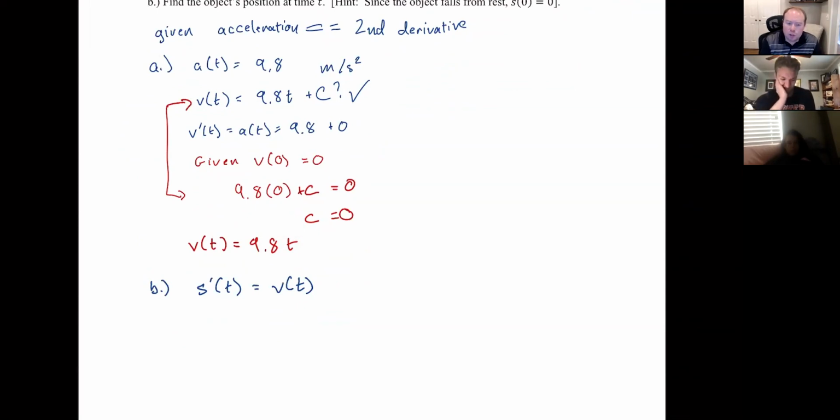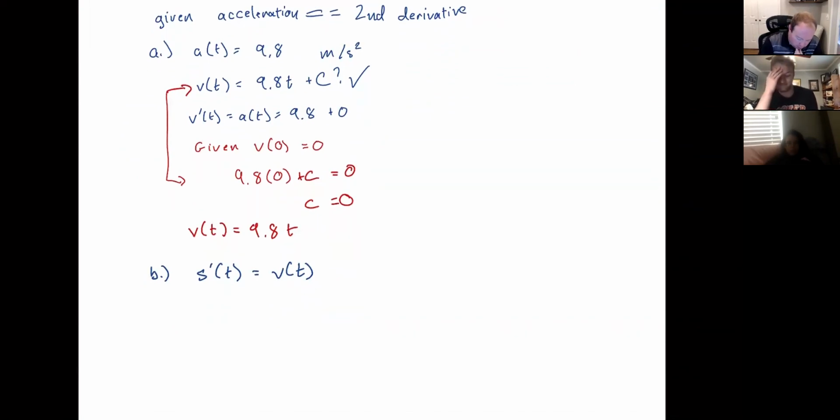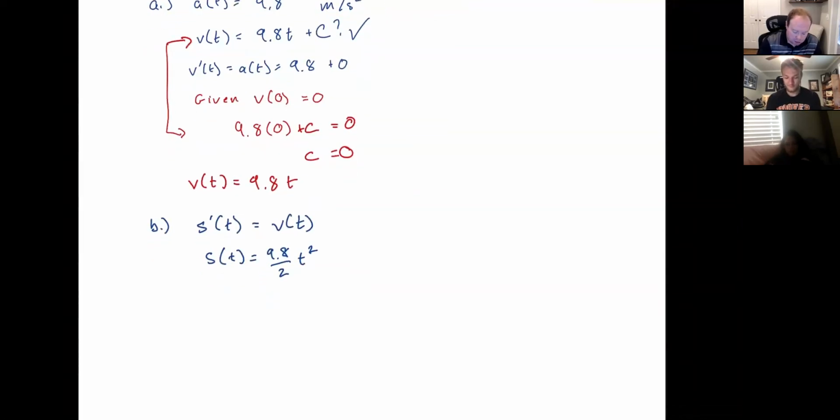I had to start with half that. So I'm just going to say, okay, what is my guess for it? Maybe my position function was half of 9.8 t squared meters. If we were keeping an eye on our units, it would be meters.